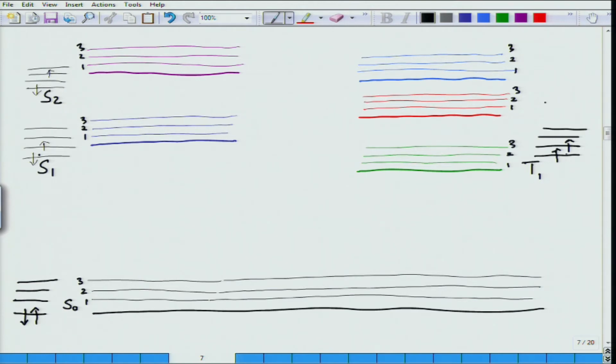The second excited triplet state of the molecule is going to be in which you have, in the second energy level, this will be T2, and the third one is going to be, and this will be T3.